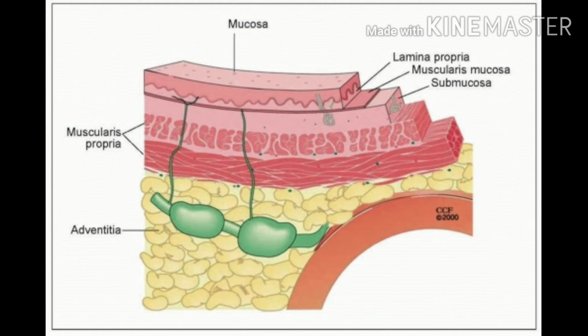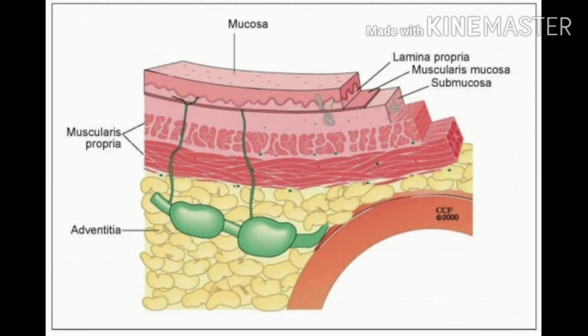The epithelium of mucosa is lined by stratified squamous non-keratinized epithelium. The lamina propria contains esophageal glands at cardiac end. The third component is muscularis mucosa. It is very thick and made up of only longitudinal layer of smooth muscle fibers.